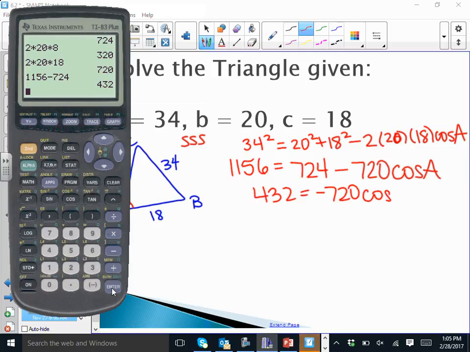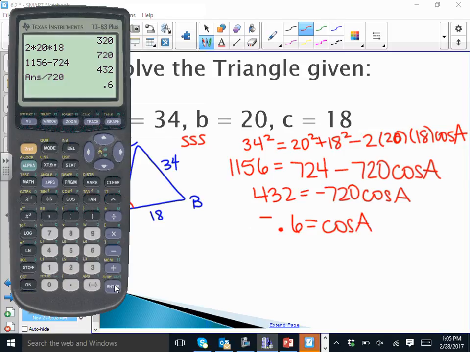Then what do we do with that negative 720? Divide it over to the other side. Oh, I forgot that was negative. We made a wise choice. We have the cosine of A equals negative 0.6.